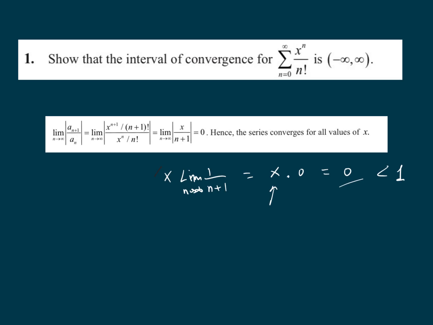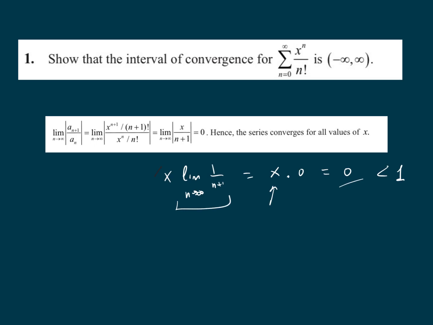What is a sub n plus 1? It is x to the n plus 1 divided by n plus 1 factorial, divided by a sub n. If you take the limit, this is x multiplied by the limit, when n goes to infinity, of 1 divided by n plus 1.